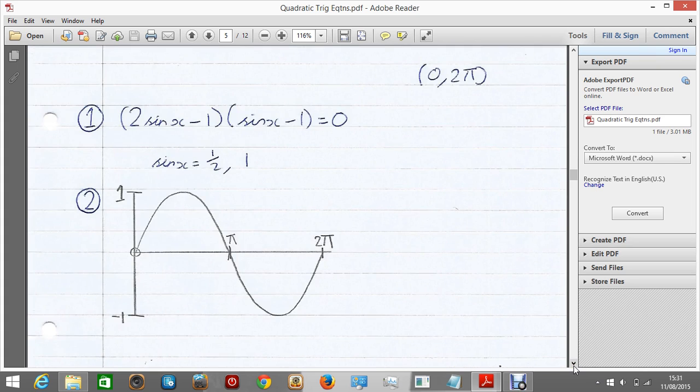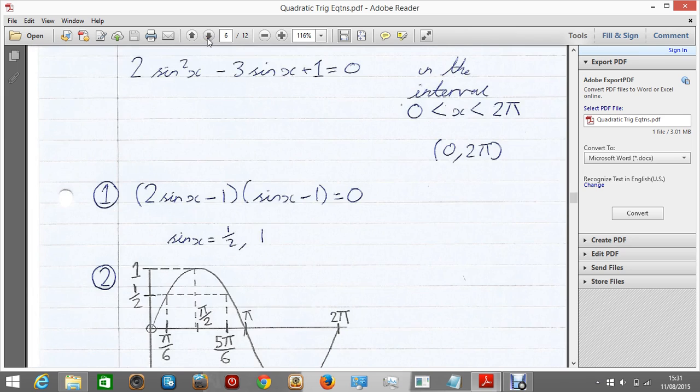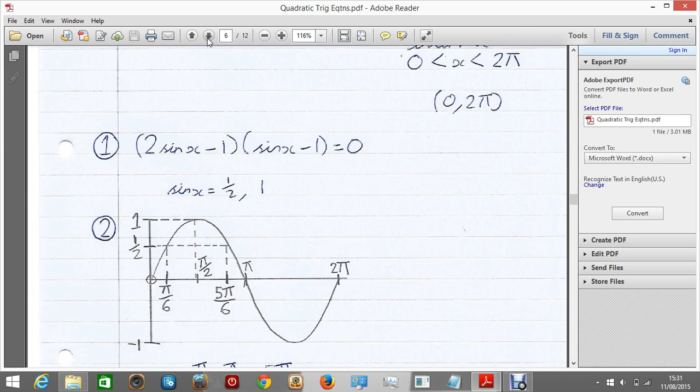So if we draw this graph of sine there, and then here we have it. So inverse sine of 1 is pi over 2. Now you don't really need your calculator to know that, that's just something which you should know off the top of your head. And then similarly, the inverse sine of a half is pi over 6. Now, knowing that sine of pi over 6 or sine of 30 is a half is just something you can learn.